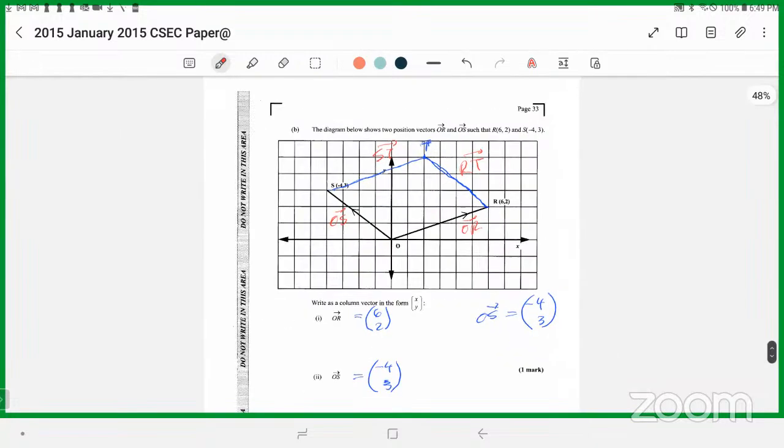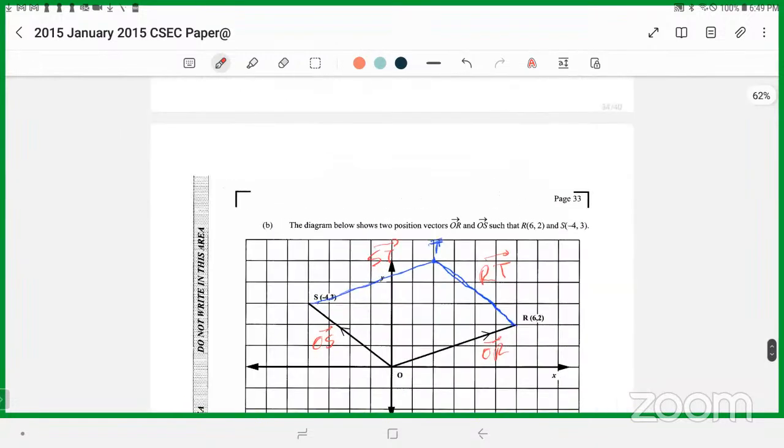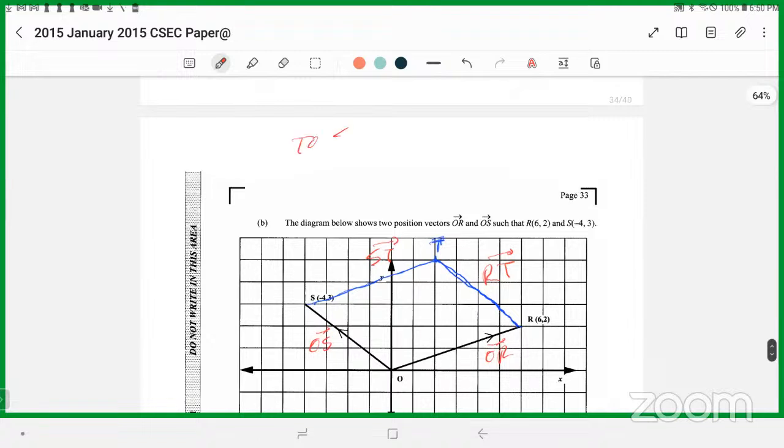So we have to show that it's a parallelogram. Let's write up here. We need to show that ST is equal to OR, and that RT is equal to OS.